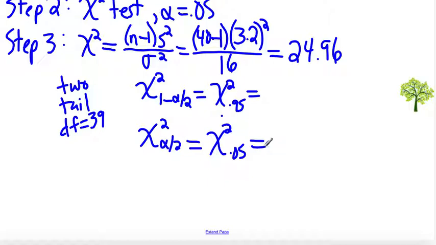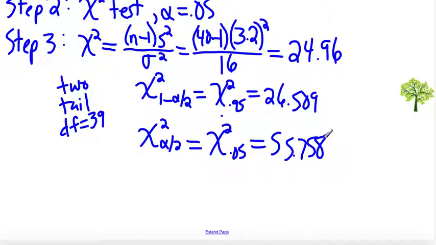Okay, so when we look this up on the table, for 0.95, I get 26.509, and I also get 55.758, it looks like. So let me put this on a graph so we can see what's going on. This is a two-tailed test, so we get to reject if we're on either end of this.